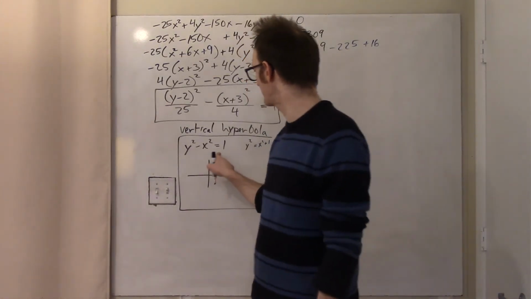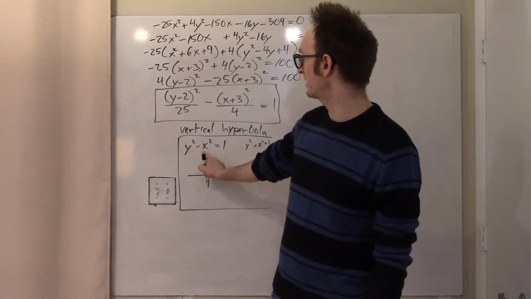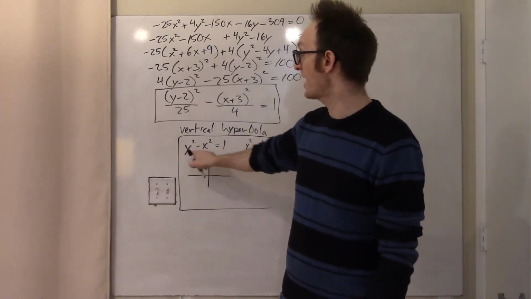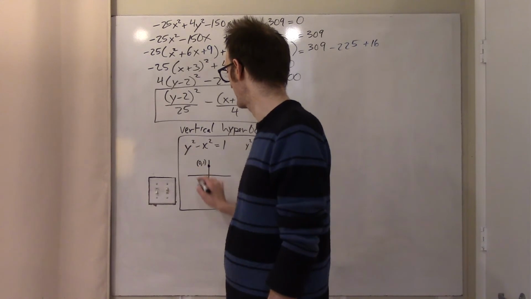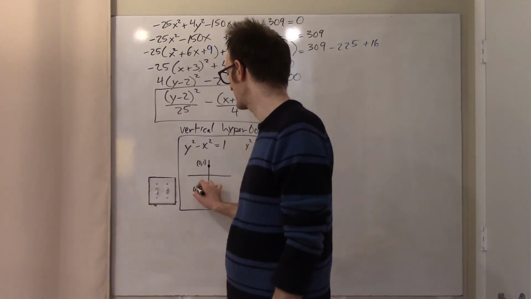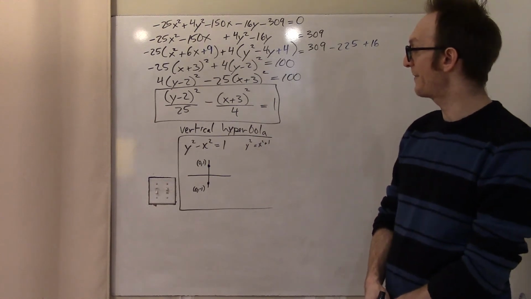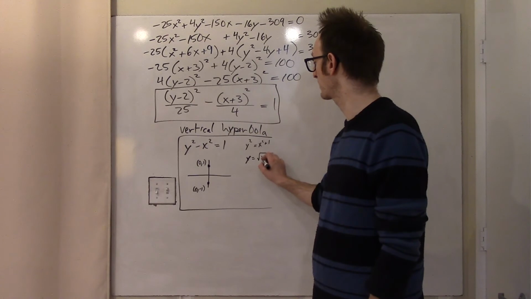And so you can plug in some points. If x is 0, then y has to be either 1 or negative 1. And so you get this point (0, 1), and this point (0, negative 1). And what else can I say about this? Well, y is pretty much just the square root of x squared plus 1.